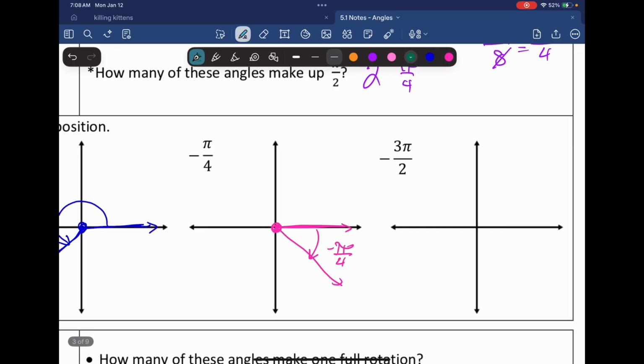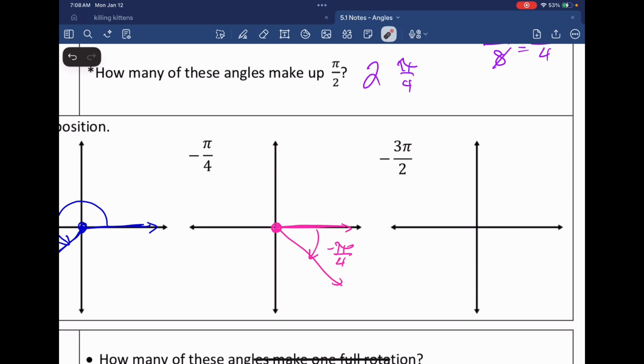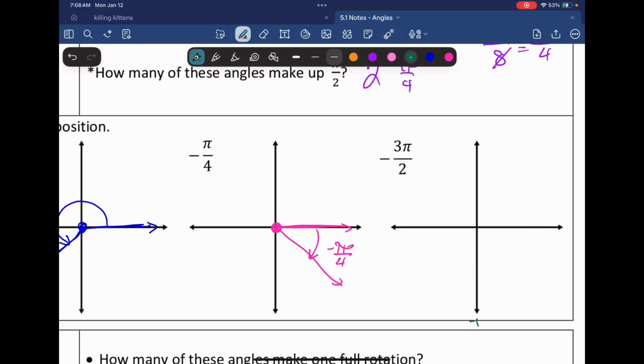Negative 3 pi over 2. It takes 4, so 2 gives me negative pi over 2, 4 gives me negative pi, and 6 gets me my negative 3 pi over 2.